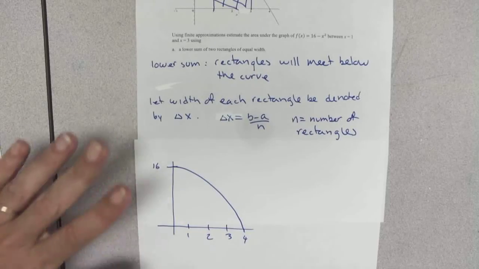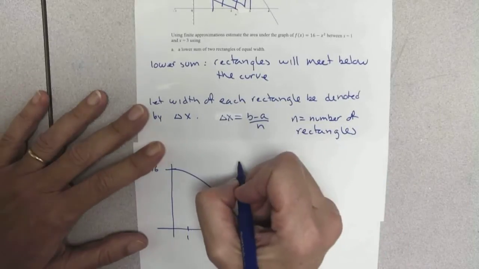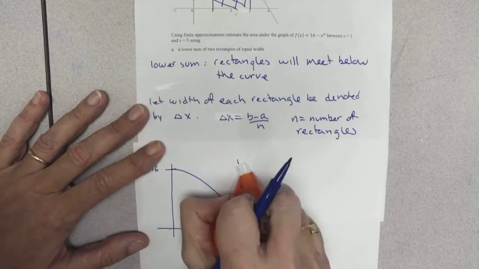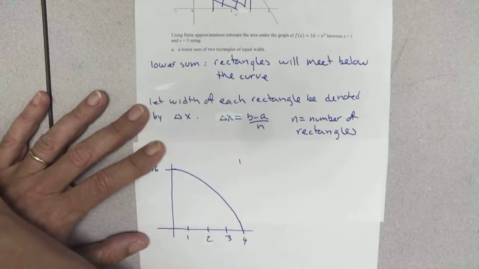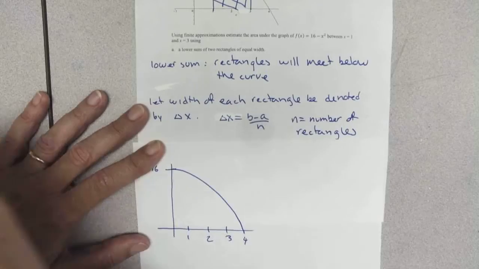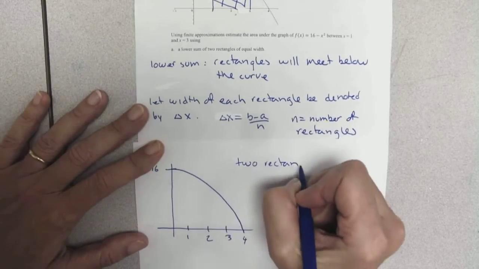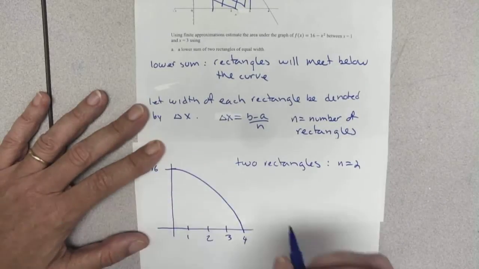We wanted two rectangles. So for our problem, two rectangles means that n equals 2.